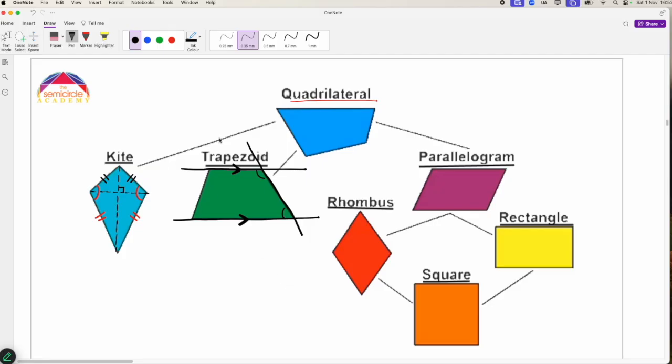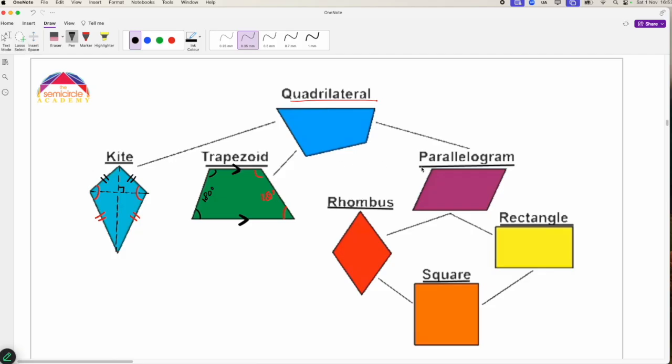And that means that this is another transversal, which means that these 2 angles are going to be supplementary. So you have these 2 angles giving you 180 degrees, and then you have these 2 angles giving you 180 degrees in a trapezoid.